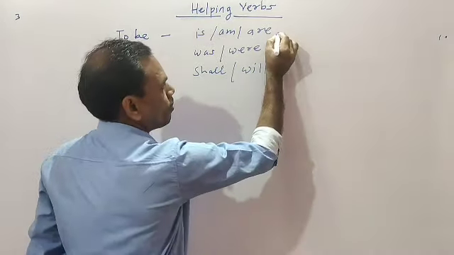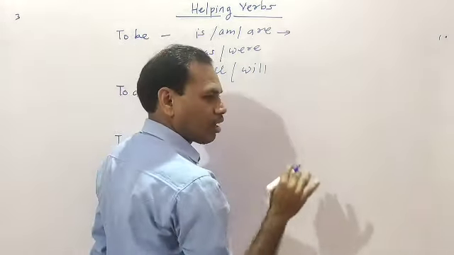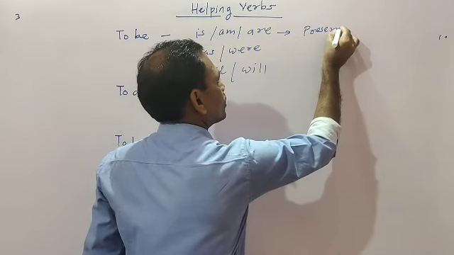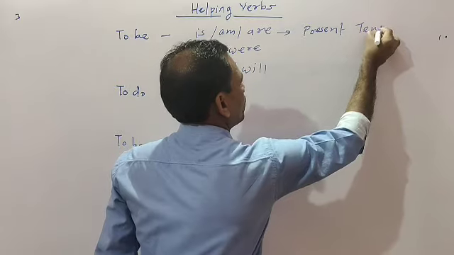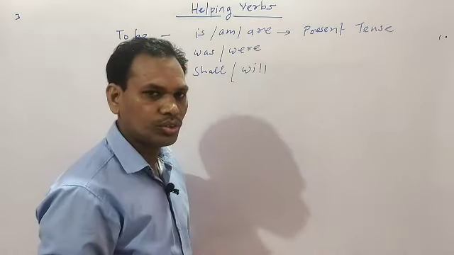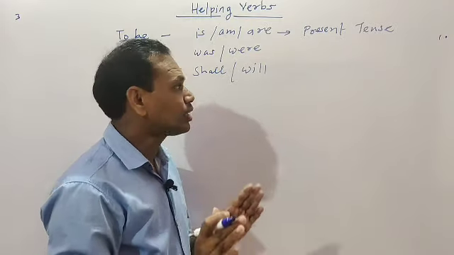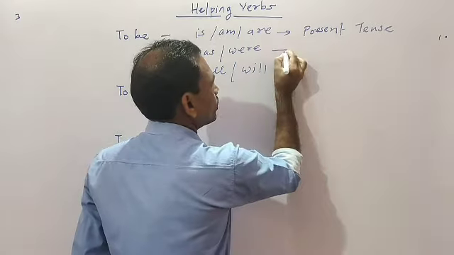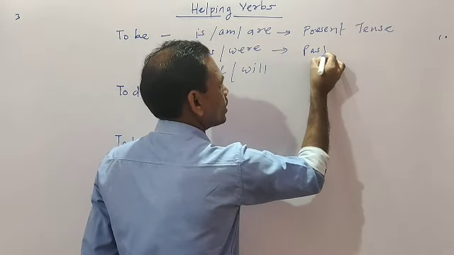So here see, is, am, are are strictly used in present tense. We have to use all these 3 basic helping verbs in present tense. Was and were we have to use in past tense.